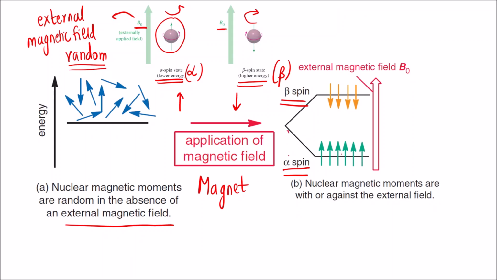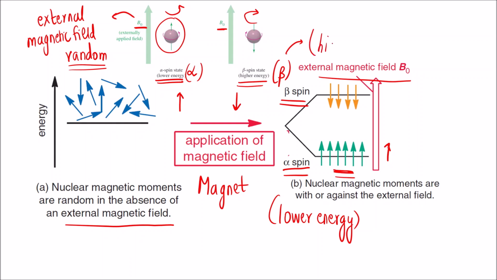When it is aligned with the magnetic field, as you can see here, the magnetic field direction is this red one, the external magnetic field, and the nuclei direction is also the same, then it is the alpha spin state, that is lower in energy. The other state is where it is opposite. The direction of the field of the nuclei is opposite to that of the external field, that is higher in energy, called the beta spin state.